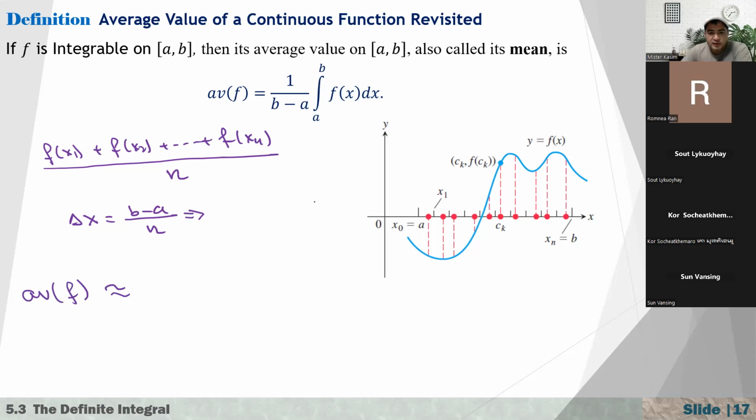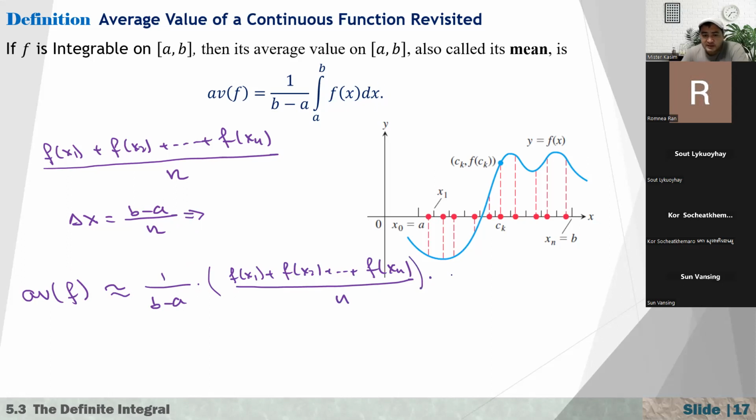Let me just write approximately: that is 1 over b minus a times this integral, because this sum, we are just adding the values of f, so that is f of x1 plus f of x2 plus dot dot dot plus f of xn, divided by n, and times delta x. This dx means delta x. The delta x is equal to b minus a over n.